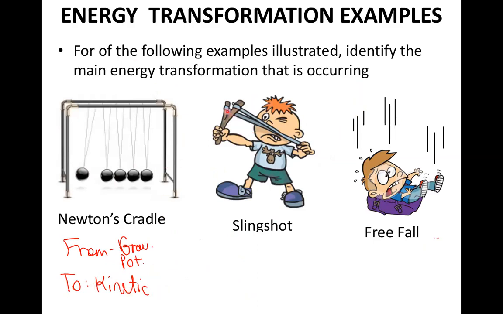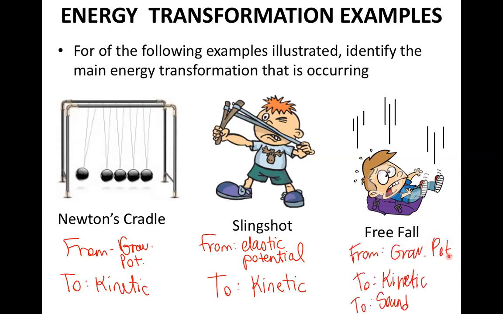A slingshot, as you wind up, as you stretch out that elastic band, we are gaining elastic potential energy, and when you let go, that elastic potential energy gets transformed into kinetic. Free fall, so skydiving, you have gravitational potential energy at the beginning because you have a high height, then as the height is decreasing, it's turned into kinetic energy, and maybe also some sound.